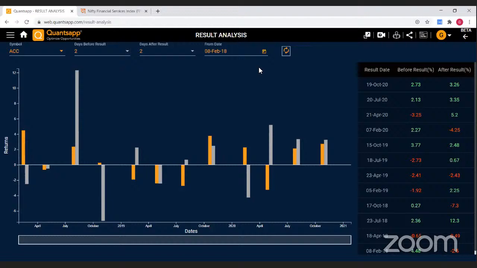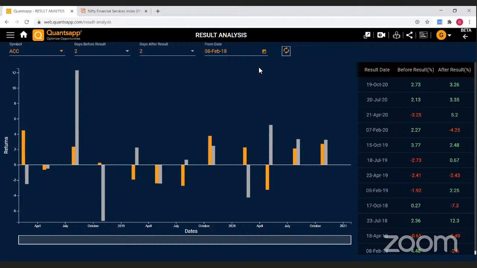Before the announcement, what kind of move does a stock have, whether it goes on the negative side because of the uncertainty of the result, or it's always on the upside because of other factors. So we're going to see the behavior of stocks before and after the result.